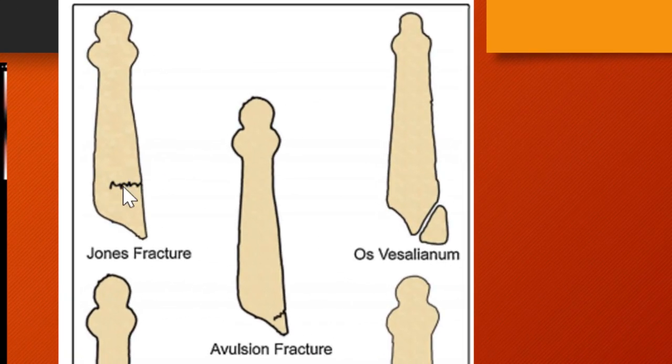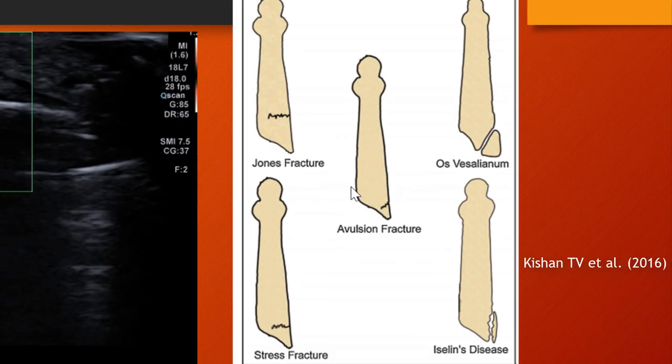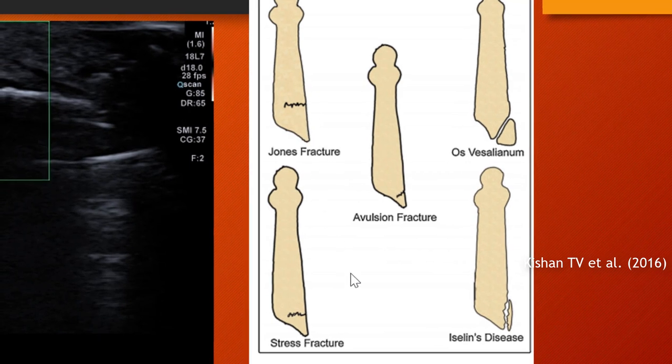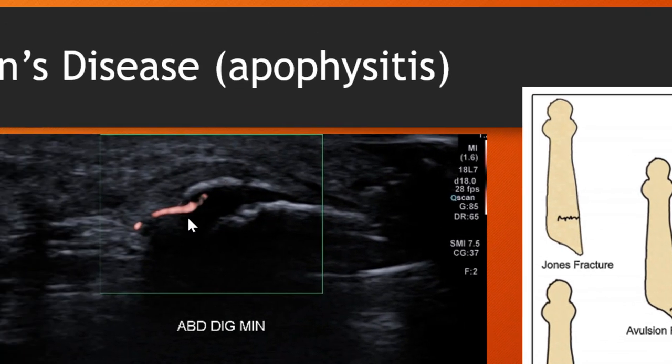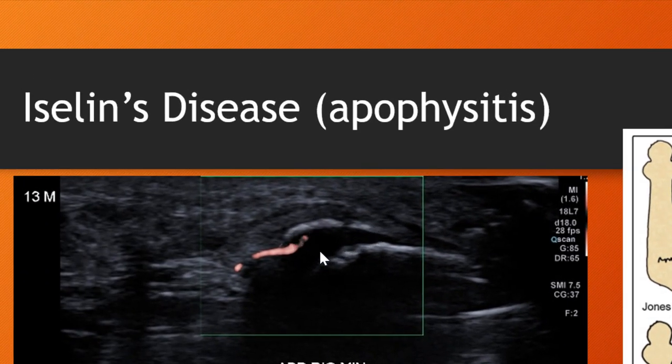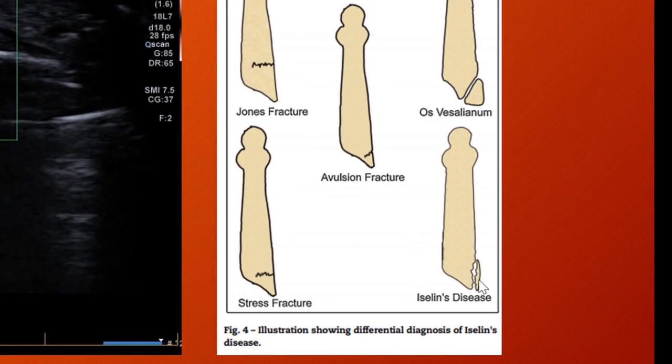So there's a helpful image here, which I've given you the reference for at the end. So a Jones fracture occurs like this, whereas Iselin's disease or traction apophysitis, it looks longitudinal like this. So you can see this longitudinal segment of bone. And so the other thing it could be confused for is one of these little accessory os, which is more likely to appear in the peroneus brevis insertion.